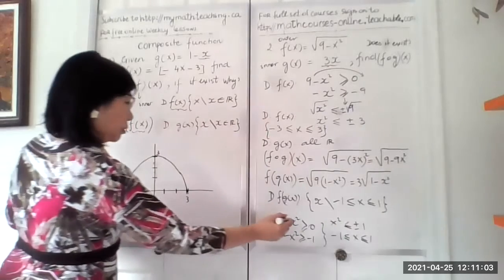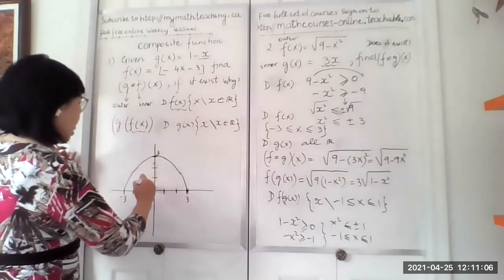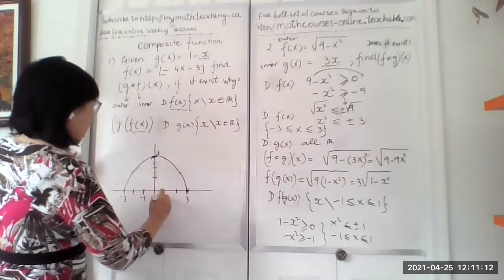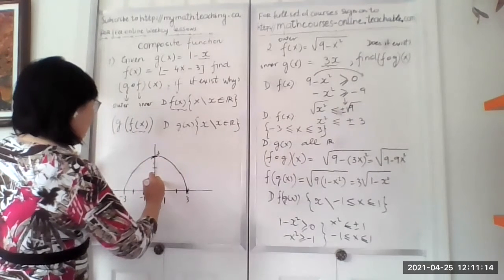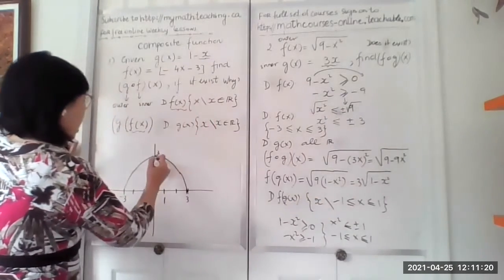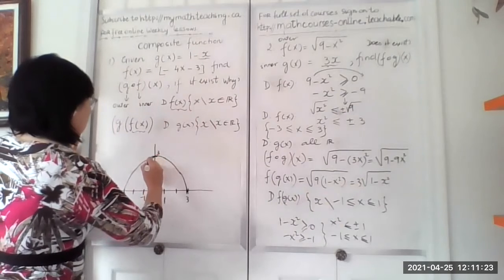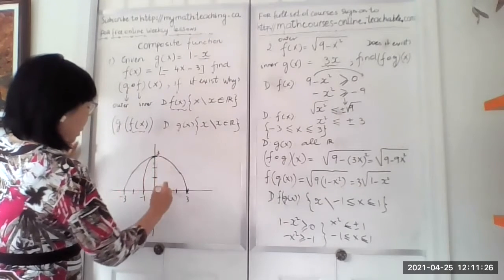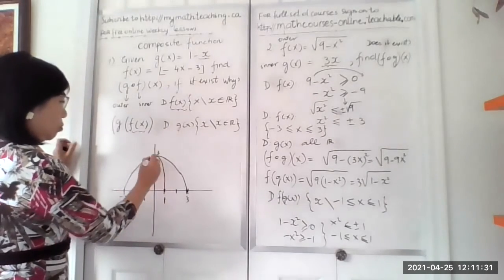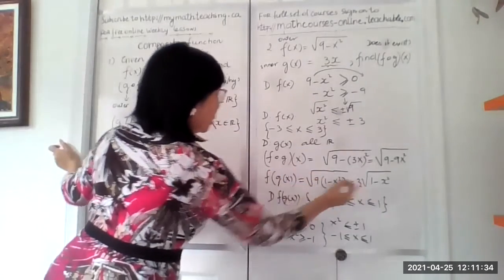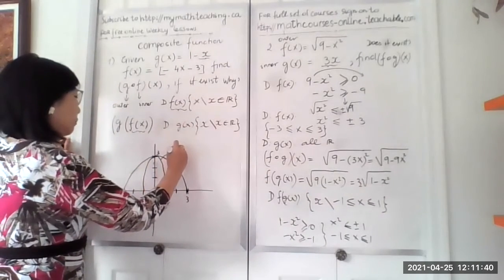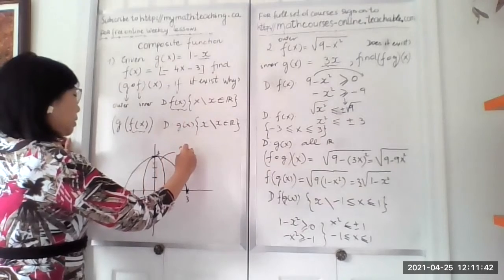So therefore, our f of g of x turned out to be between -1 and 1, and we multiply with 3, so it looks something like this. The y is multiplied with 3. So the x is just restricted between -1 and 1, but the y, because we multiply with the 3, goes up there. And it turned out this is the function f of g of x.